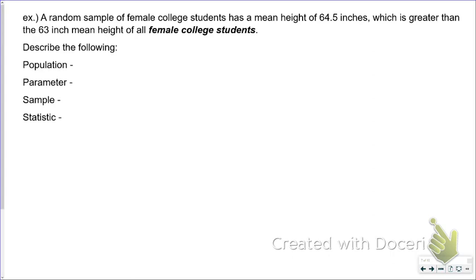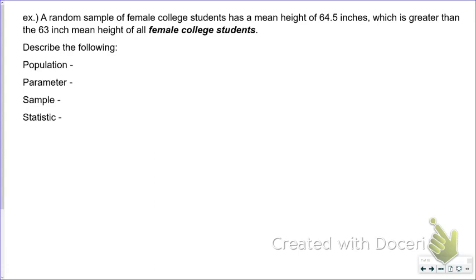It says something different in the notes. It says all adult American women. And I don't know, maybe it's trying to be a trick problem. I thought it was weird. So I just retyped it to this. So sorry for the typo in the notes, but it should say that.